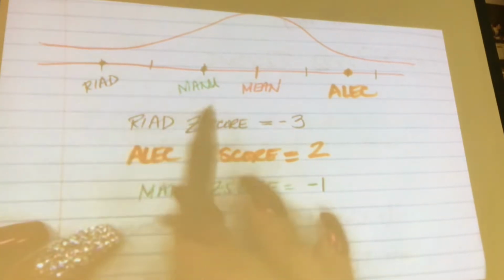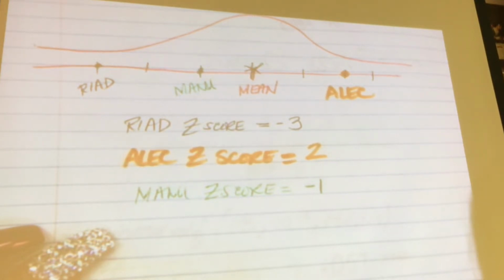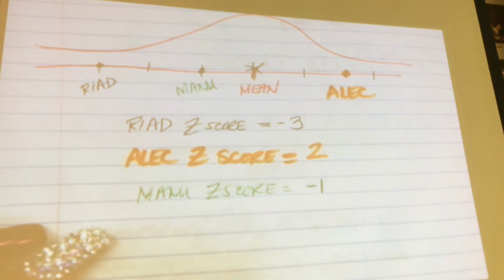All right, so if I wanted to know what the Z-score was, I always start at the mean, go to the right and to the left. But what if Mina was right here?